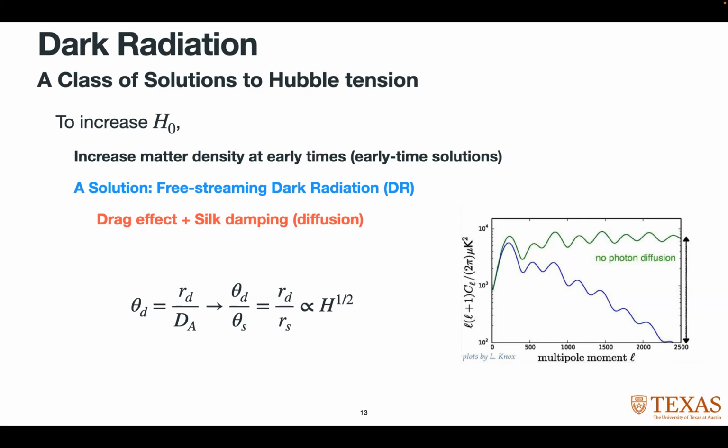And why do we have more Silk damping when we add more and more dark radiation? Because if we increase the Hubble constant, it is related to the diffusion scale, and it also increases the diffusion angle, so there should be more diffusion damping when we increase the Hubble constant.